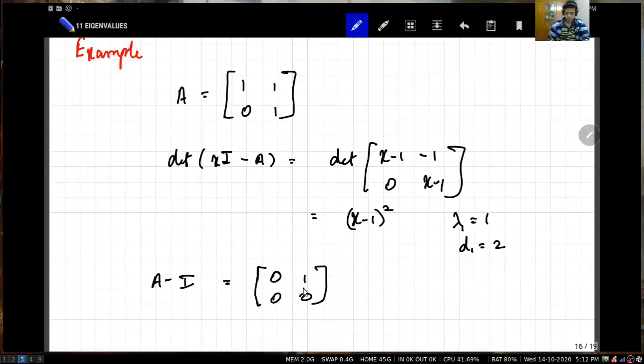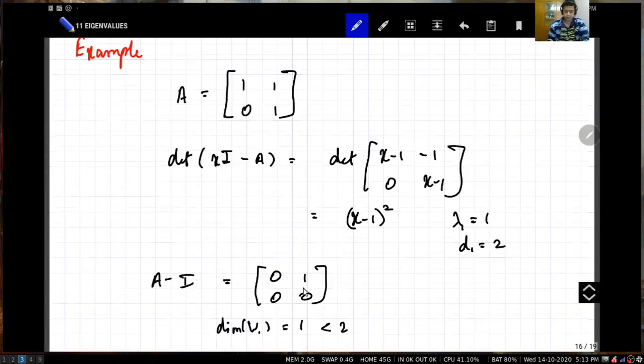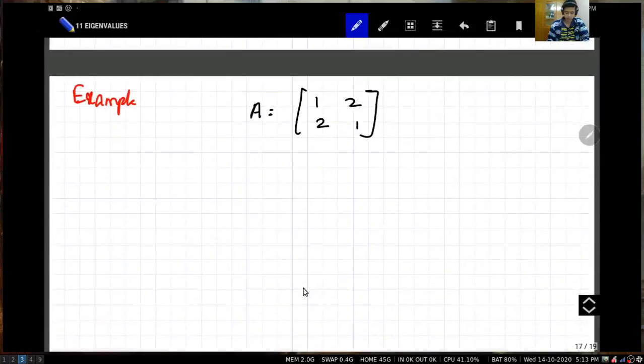So clearly this matrix has rank 1, and therefore the nullity is equal to 1, just using the rank nullity theorem. So the dimension of W1 is equal to 1, which is less than 2, and therefore the matrix is not diagonalizable.